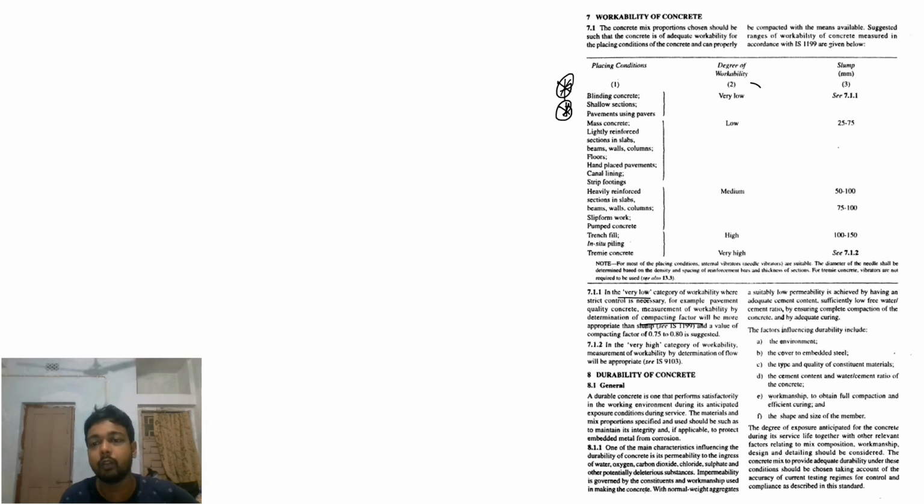That is why it is written here as not applicable, because the slump value does not come. For a very high category, we determine the flow. For low, we use the compacting factor test; for high we go with the flow test. Okay. Do you have any questions? Fine, no issue. So we go to the next page.